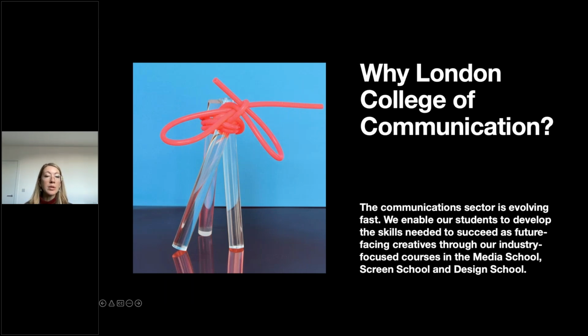So it's important also to know that we've got a good reputation for communication and media. There are a range of disciplines that we cover, and especially with the new or approved degrees, you see how many interesting opportunities for collaboration, but also to learn something which is timely and important. It's an industry-focused degree.